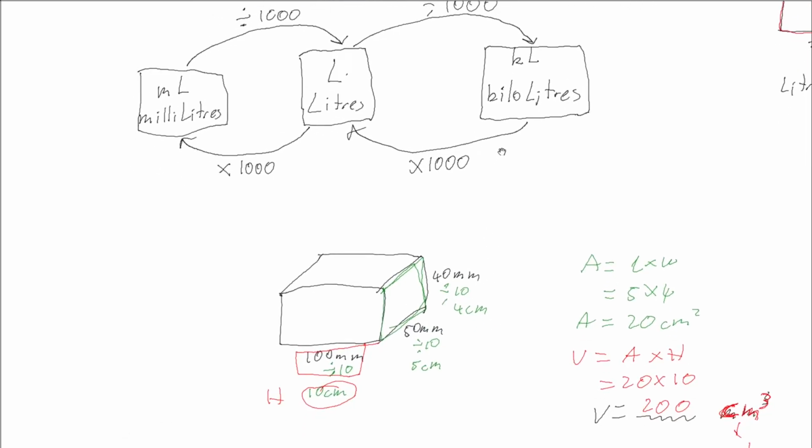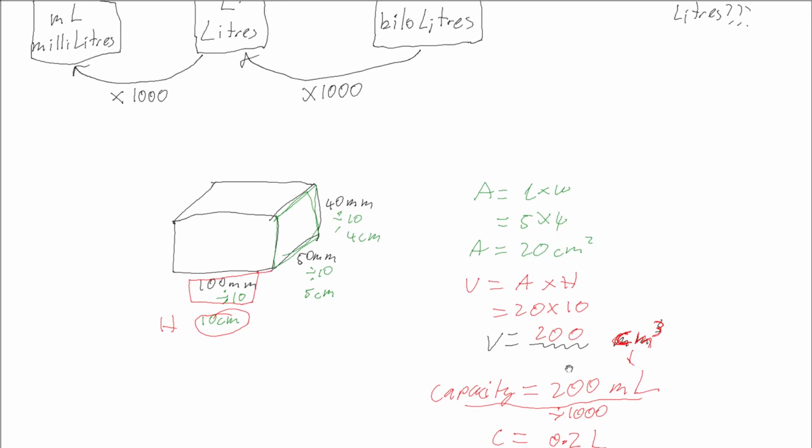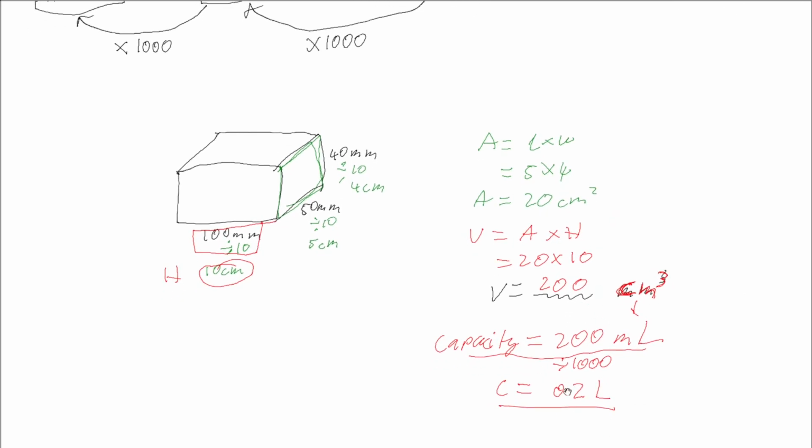Remembering, of course, that if you got something in, say, millimeters, we can't get a conversion, so I have to first convert my millimeters to, say, centimeters to get my volume in centimeters cubed, so I can convert to capacity.